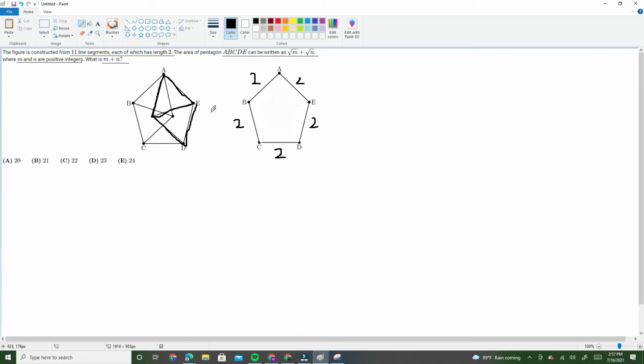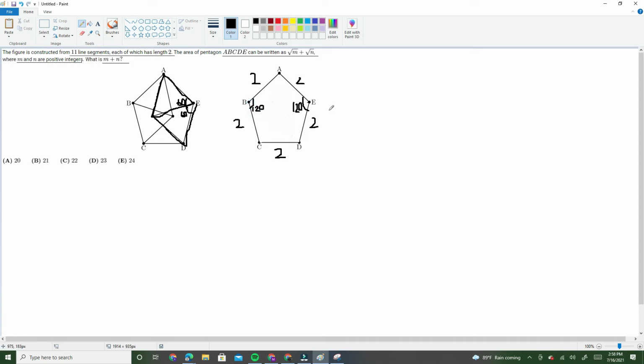So 3 sides of equal lengths means equilateral triangle. Now if it's an equilateral triangle, that means that the angles are 60 degrees. So the sum of the 2 angles, which would form angle AED, is 120 degrees. By symmetry, this angle is also 120 degrees.